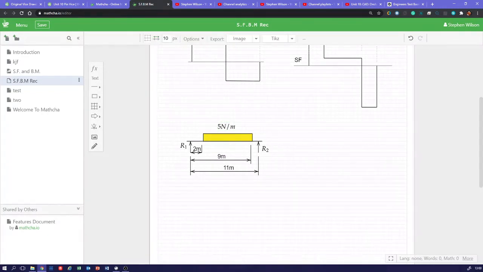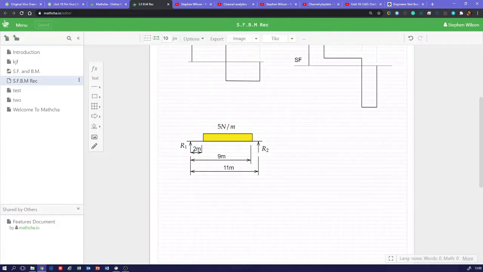Well, we take the total weight and we put that total weight at the middle of the UDL. So how much does this weigh? Well, first question is, how long is it? It finishes at 9 meters over here, starts at 2 meters over here, so 9 minus 2 is 7.